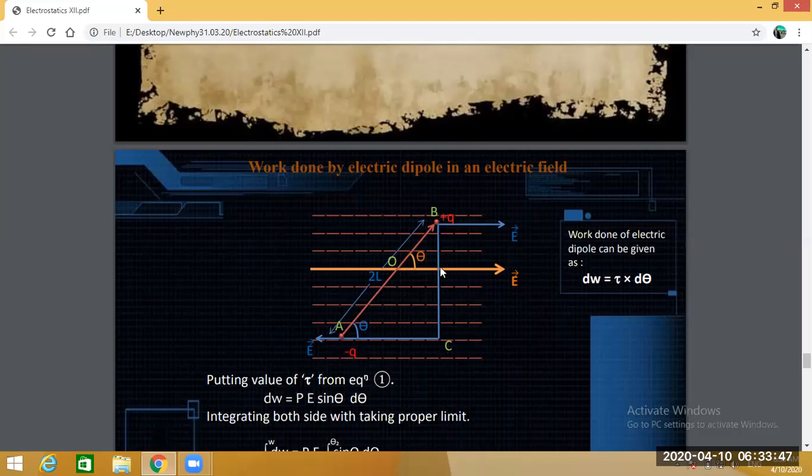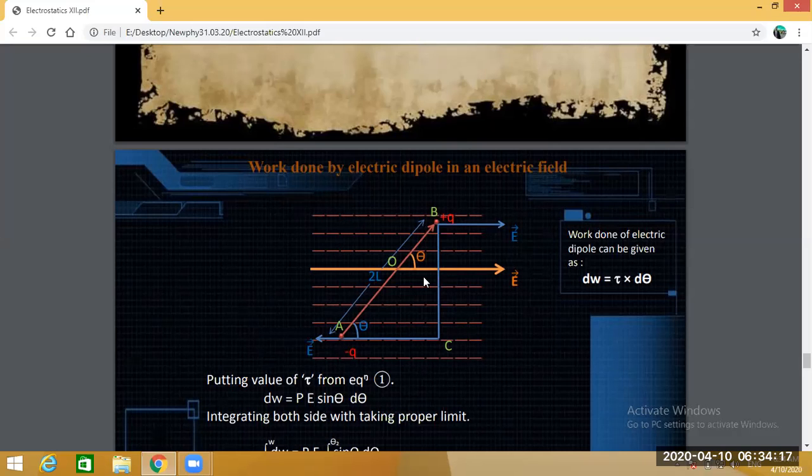So this electric dipole will have a tendency to rotate about this point in a clockwise sense due to a couple of forces, one force acting in this direction, minus QE, and plus QE acting in this. So one has to hold it in this situation. As soon as it is released, it will align parallel to the electric field.